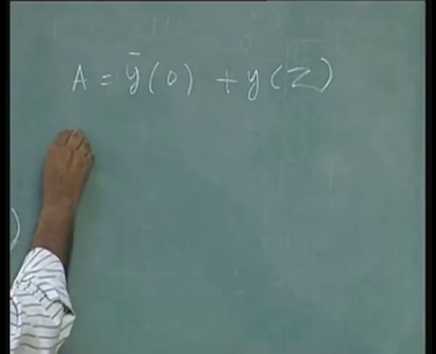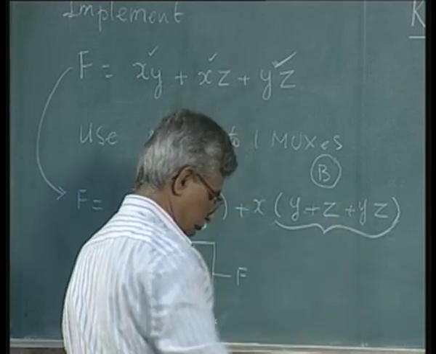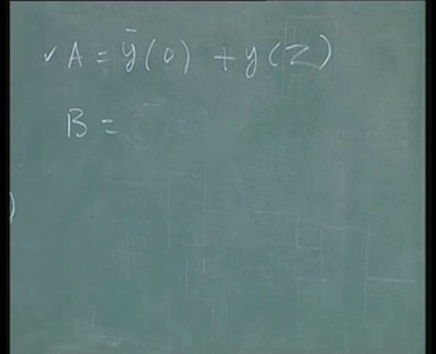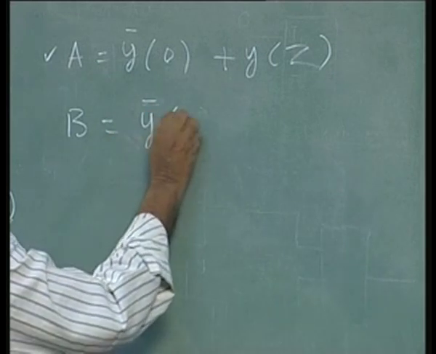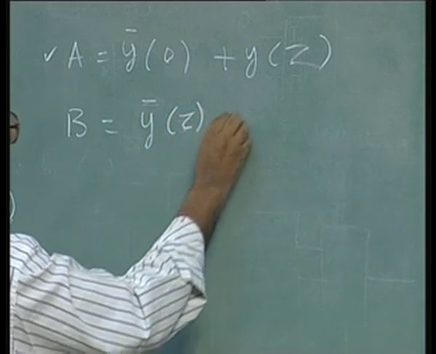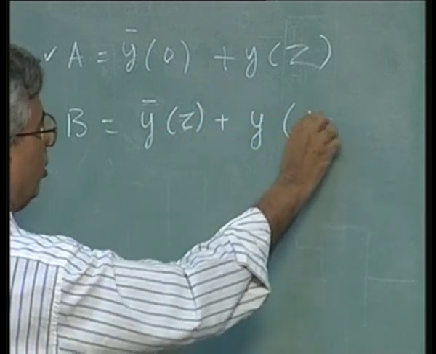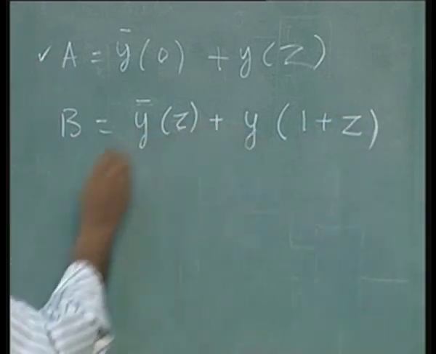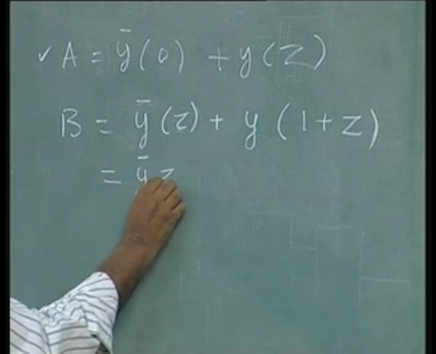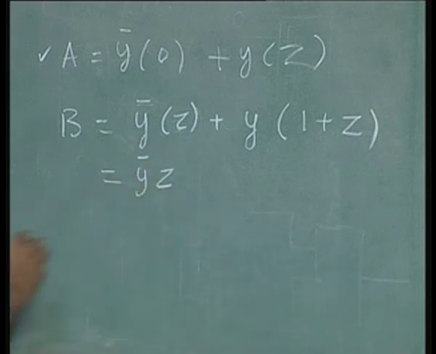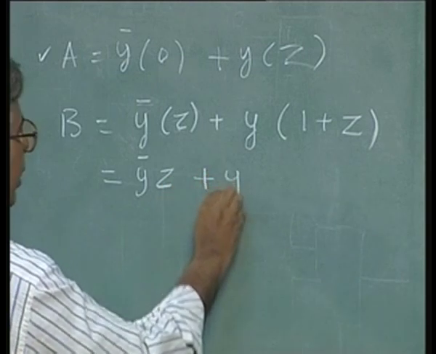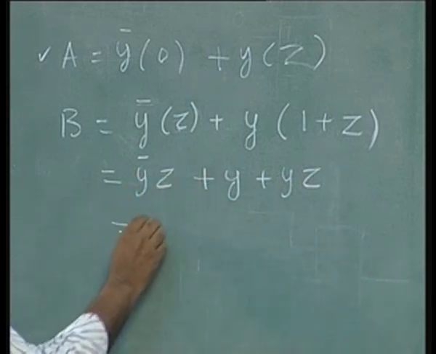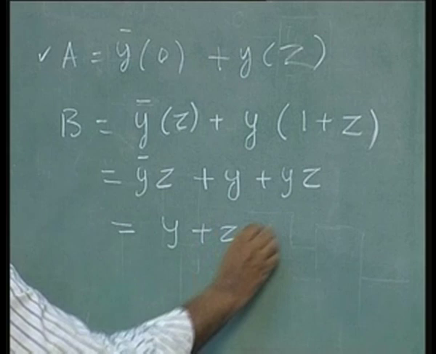Then I am going to write b, which is y or z or yz, as y bar z or y times (1 plus z). Now, this can be expanded to y bar z plus y plus yz, and you know that y bar z plus y is the same as y or z.